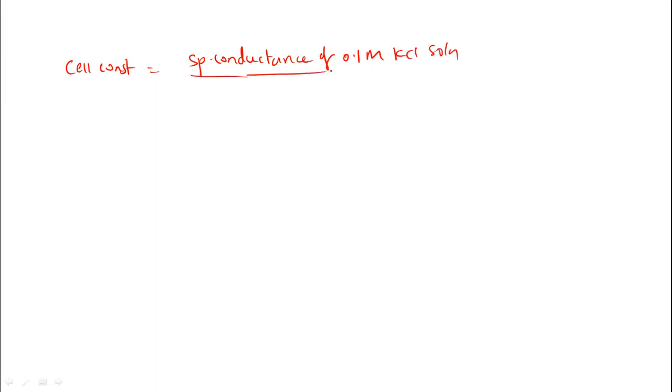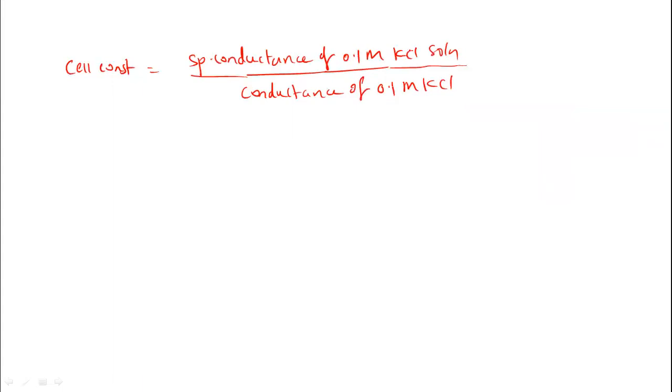Cell constant is equal to the specific conductance of 0.1 molar KCl solution divided by the conductance of 0.1 molar KCl solution.